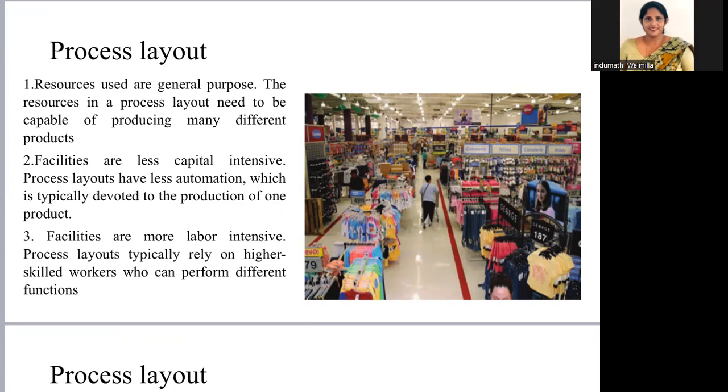However, you have to know one thing: improper design of a process layout, right? If we do not correctly design the process layout, it can result in costly inefficiency, such as high material handling cost, and wasted time or travel time can be more, right?